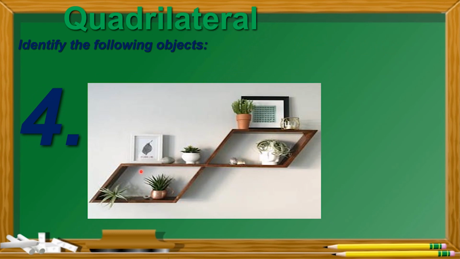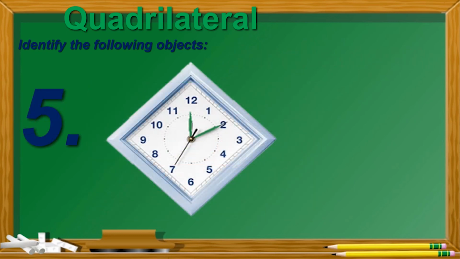What shape is this? Parallelogram. That is a parallelogram. Very good. Number 5. This one, a clock. What shape is this? This is a rhombus.